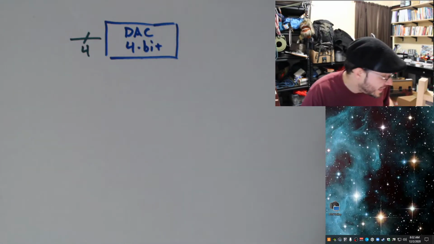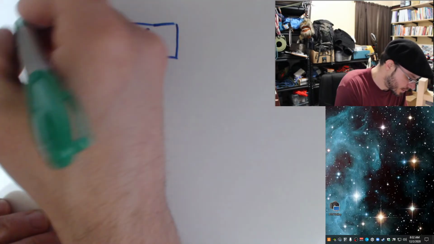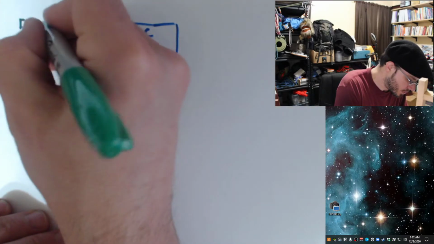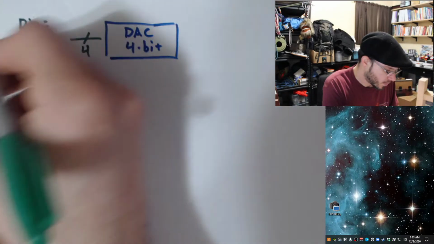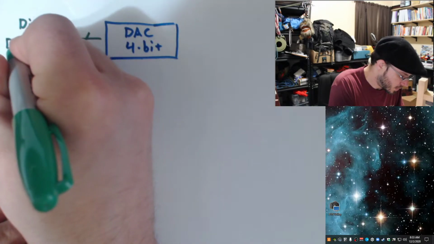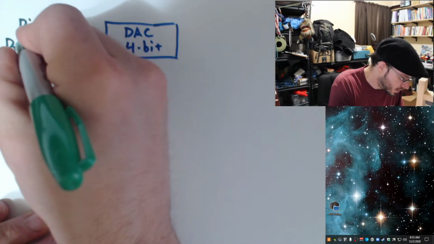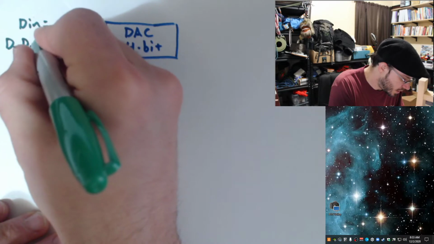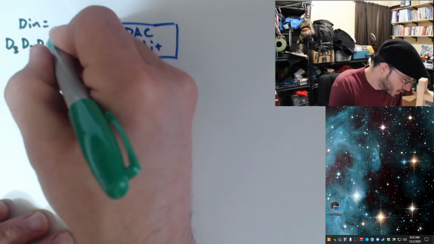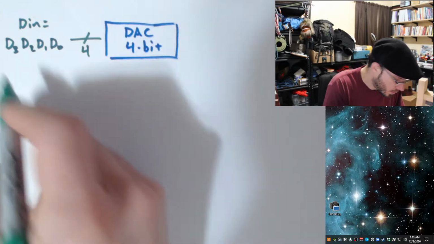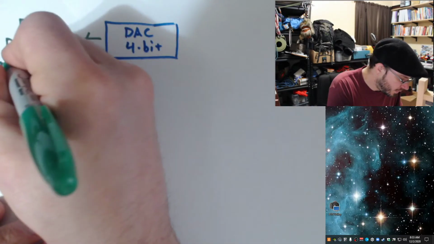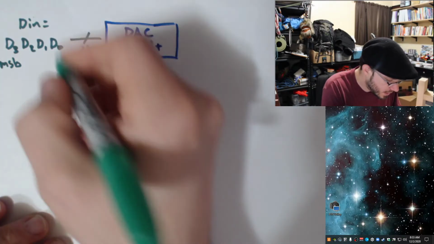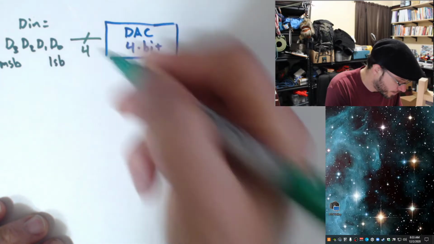And this means that D in is D3, D2, D1, D0, where D3 is our most significant bit and D0 is our least significant bit.